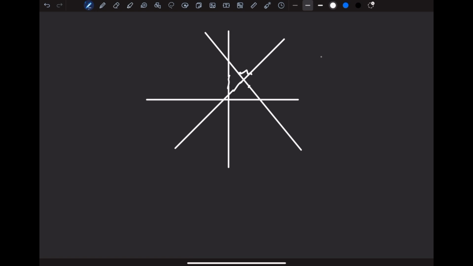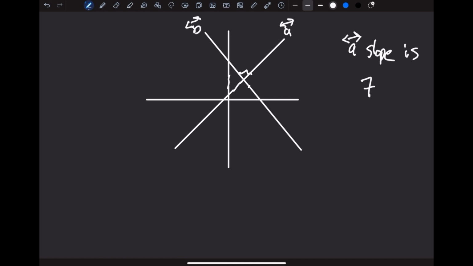So say this is line A and line B, and you were given that line A's slope is, say, 7.